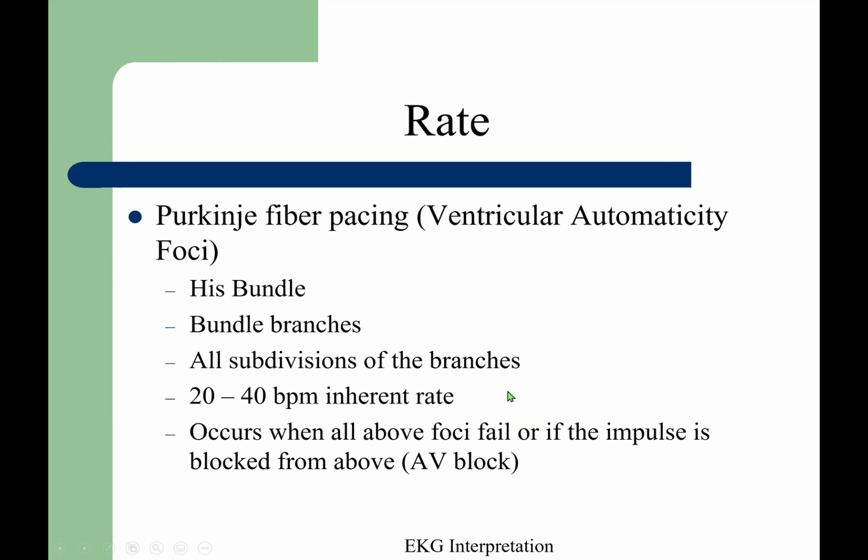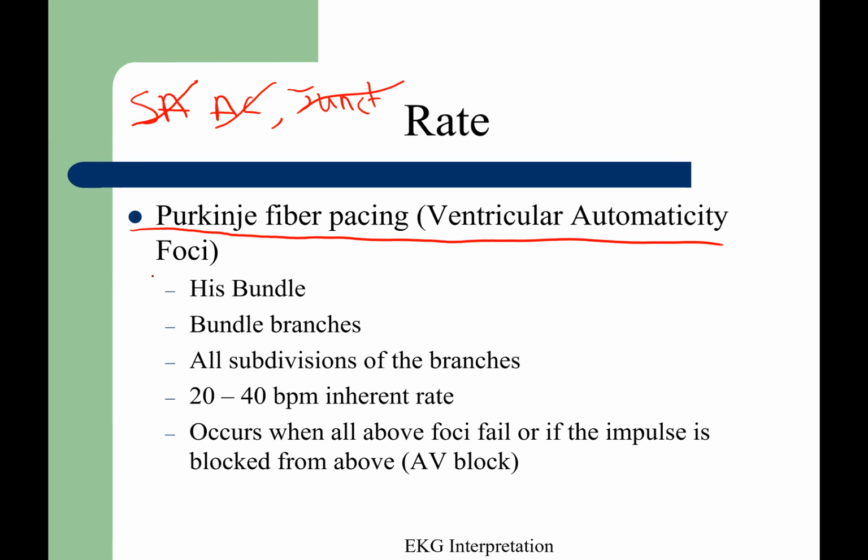Now, if the sinus node fails, atrial cells fail, and junctional cells fail, our last resort is cells within the Purkinje fibers or ventricular automaticity foci.